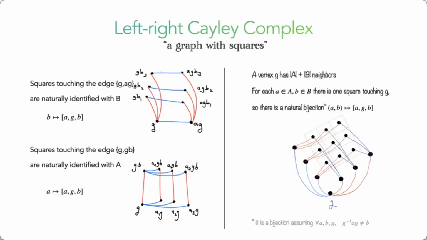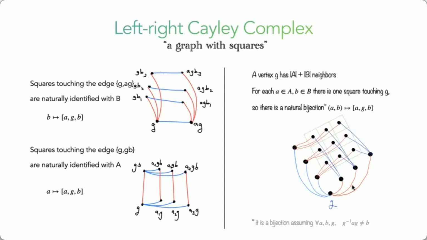Now let's look at the neighborhood of a vertex. It's a bit more complicated to draw. Okay, so I have a vertex G. If you think of just the graph, then it's simpler. It has some A neighbors and some B neighbors. Here I drew them, one in the blue color and one in the red color. On the left, I have one kind of neighbors, and on the right, the other kind.